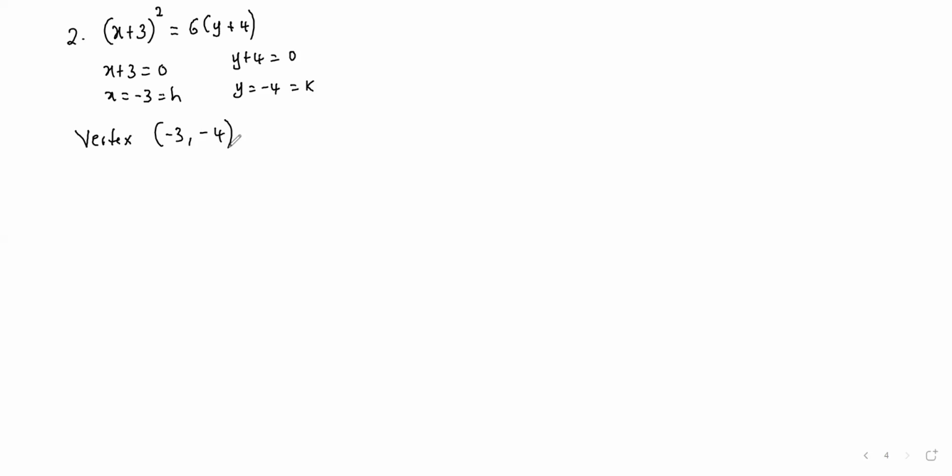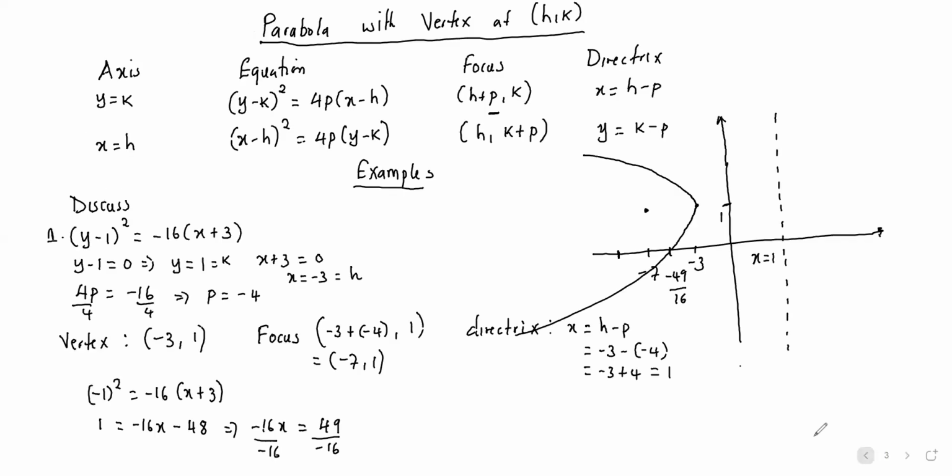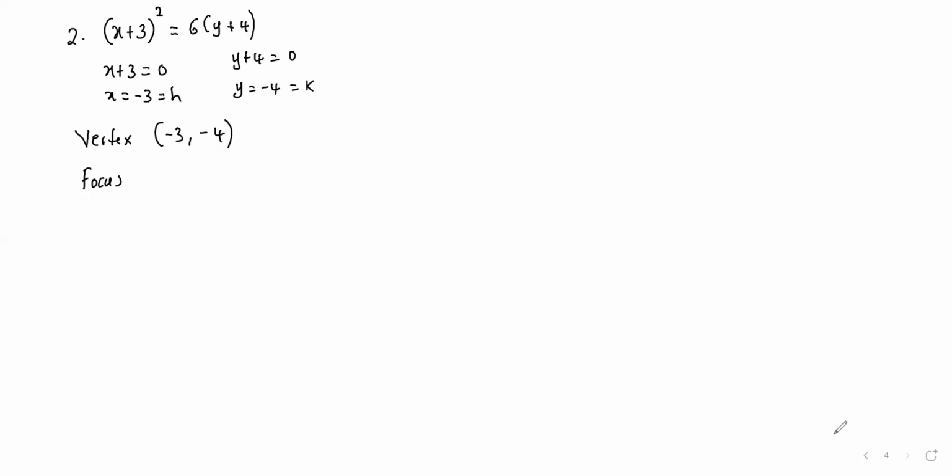What else do we need? The focus. So what's the formula for the focus? If it's on the x, so if we check, you can see it's going to be h, k plus p.